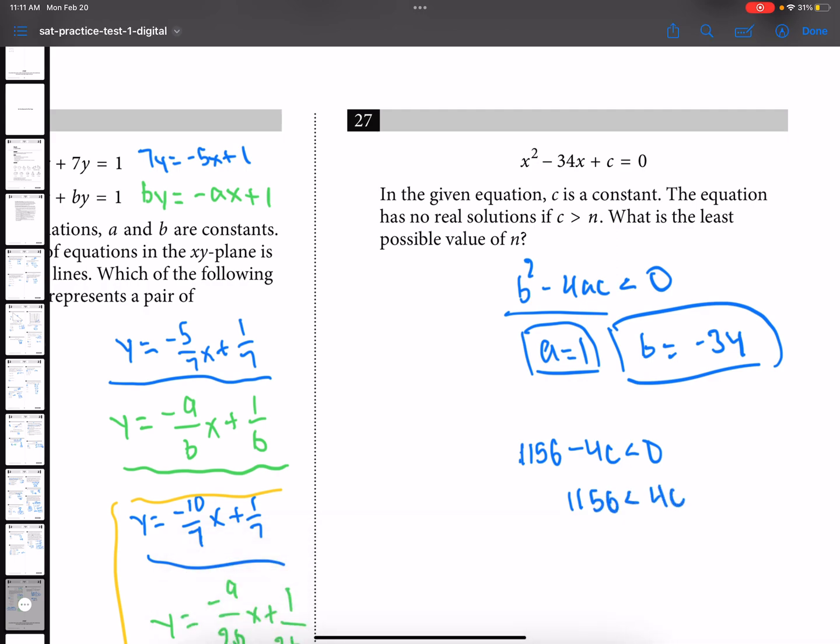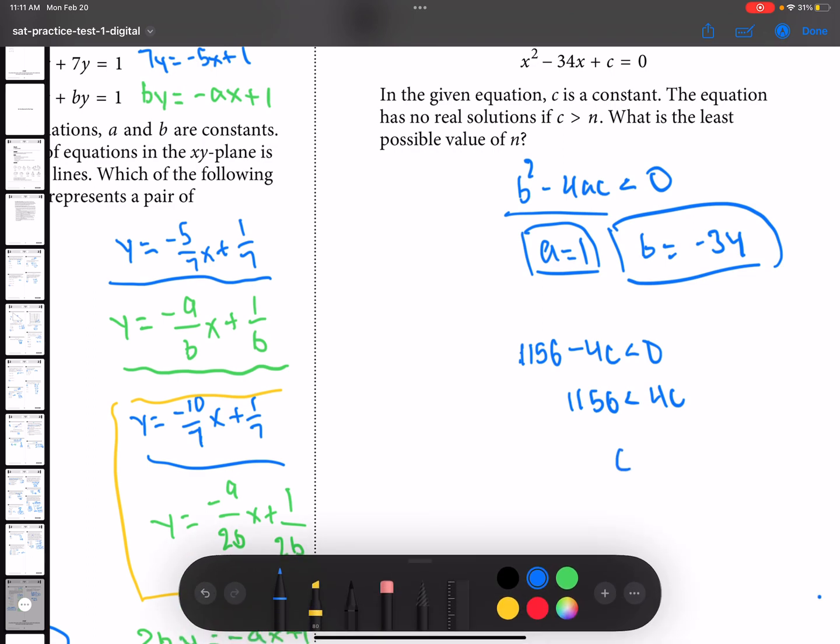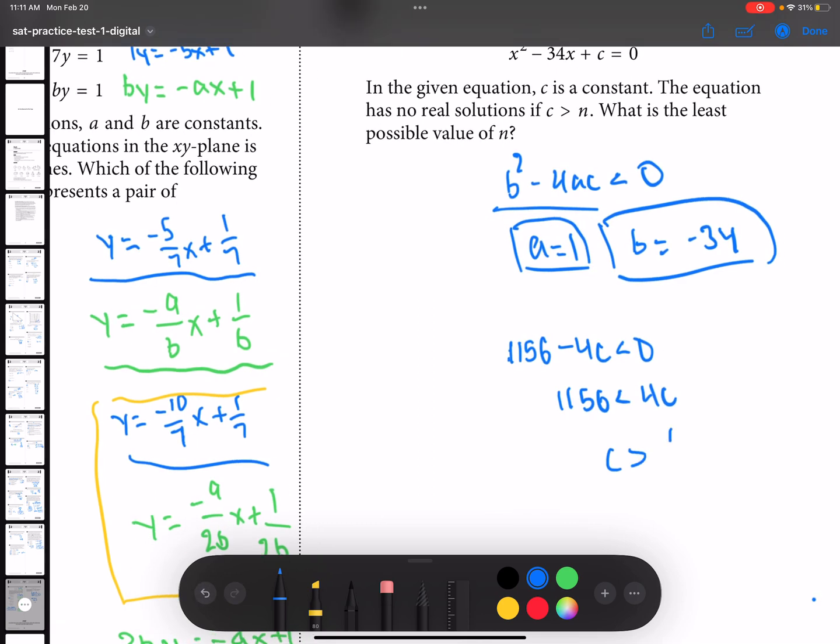So now we just solve for c. So c is greater than 1156 over 4. So that means c is greater than 289. So that's our answer.